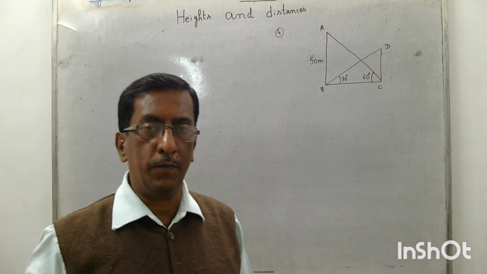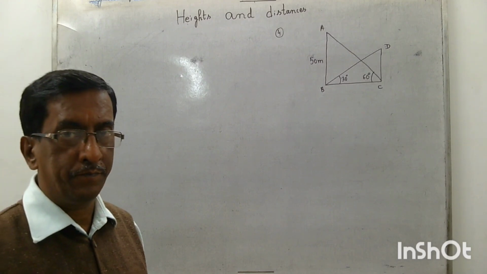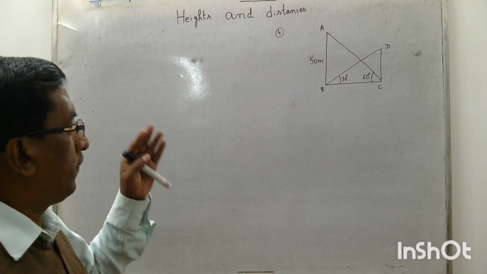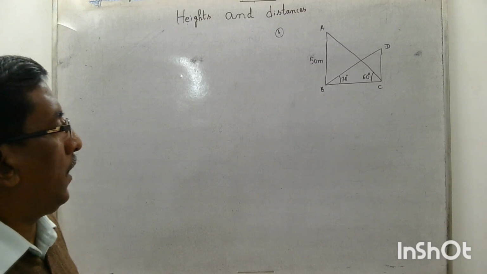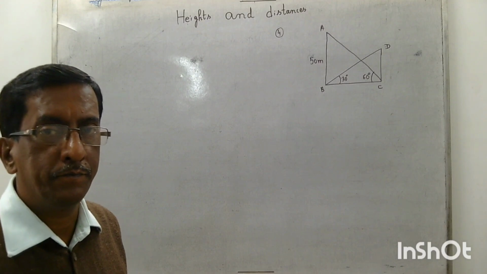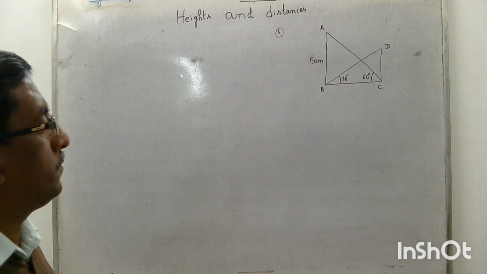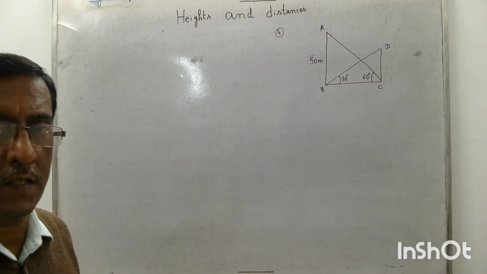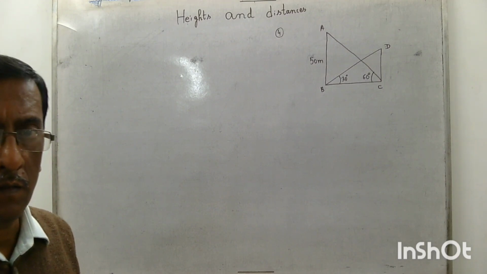AB is the height of the tower, BC is the height of the building. AB is 50 meter. From the foot of the tower, somebody is observing the top of the building and the angle of elevation is 30 degree. That person is observing the top of the tower from the foot of the building and the angle of elevation is 60 degree. We have to find the height of the building.